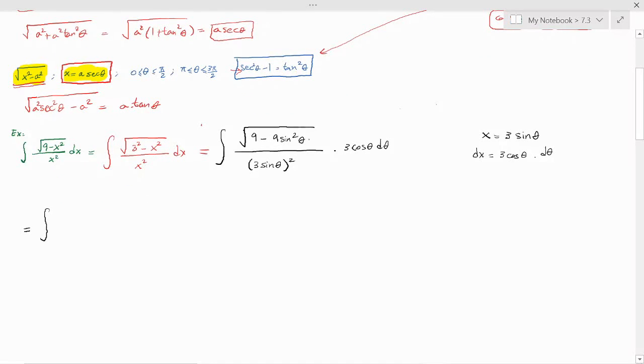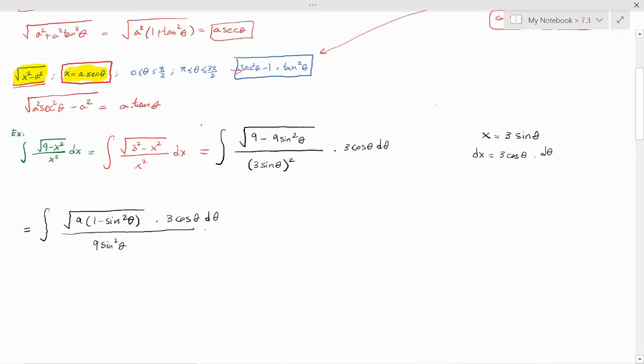Square root of 9 minus 9 sine squared is simply, you can factor 9, and what you get is 9 times 1 minus sine squared theta. You can skip this step because I already mentioned it in the idea, but if you write it, you'll notice the structure always. This would be very similar.